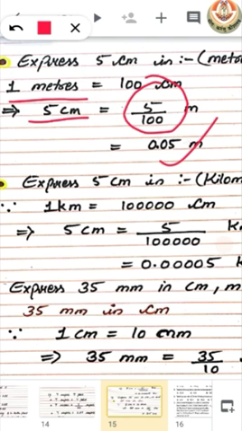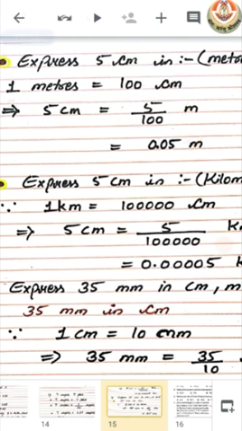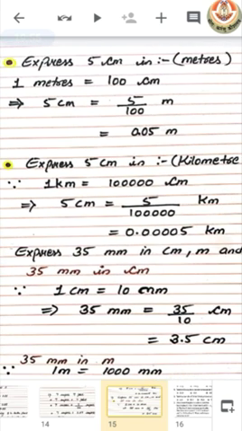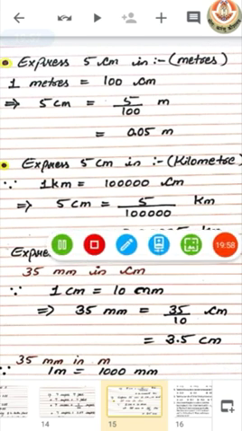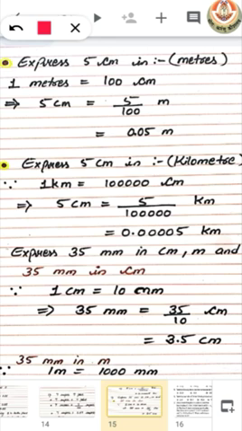Similarly, for expressing 5 centimeter into kilometer, we should know the difference between kilometer and centimeter. We know that 1 kilometer is equal to 1 lakh centimeter. Now how can we convert 5 centimeter into kilometer?